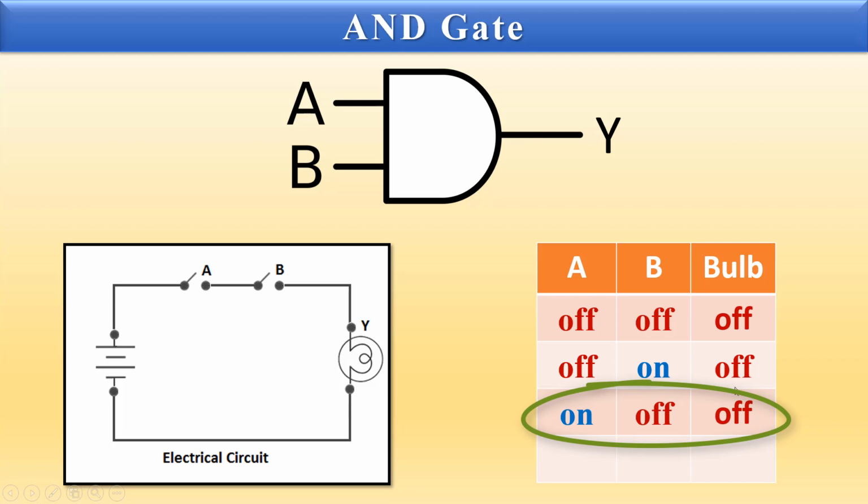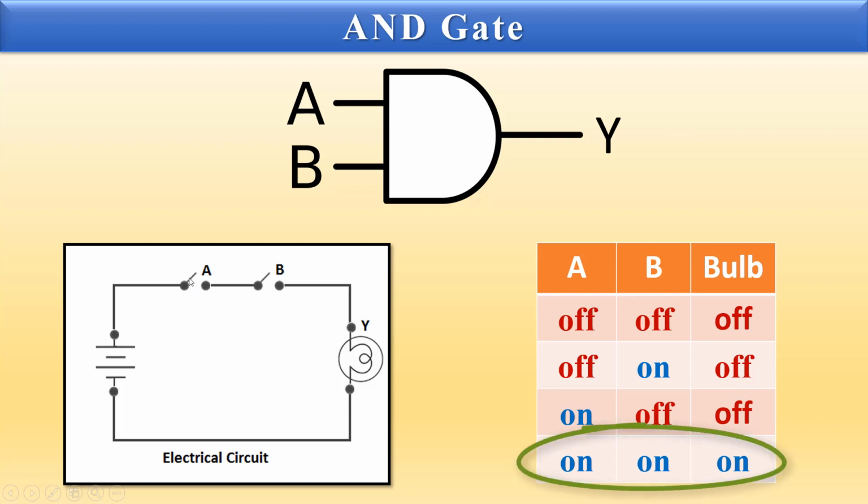There is no current and therefore the bulb is off. And finally, when both A and B are on, then the bulb turns on. It will get the current from the switches and as a result the bulb will turn on.